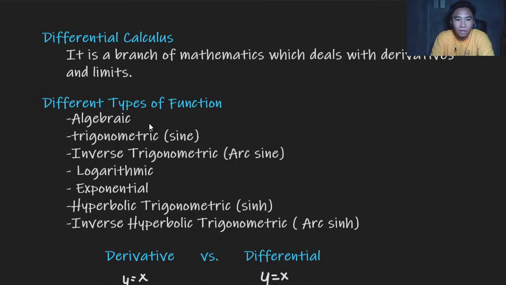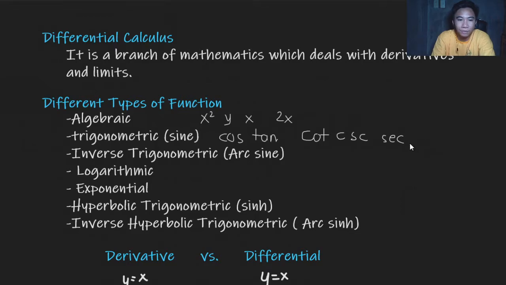Una is the algebra. It concerns with x, x squared, y, 2x, and many more. And next is the trigonometric. Ito naman yung mga sine, cosine, tangent, cotangent, cosecant, and then secant.